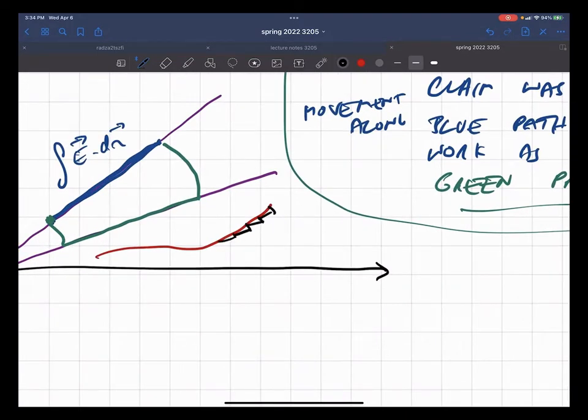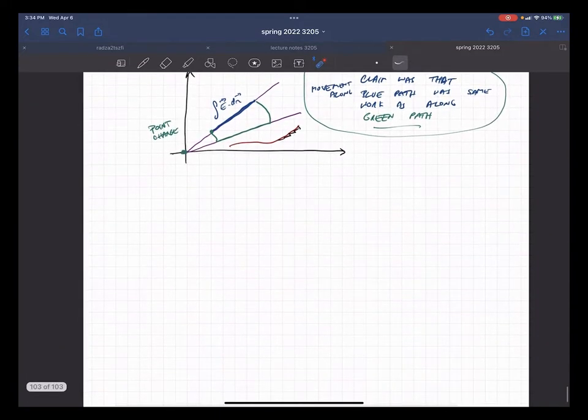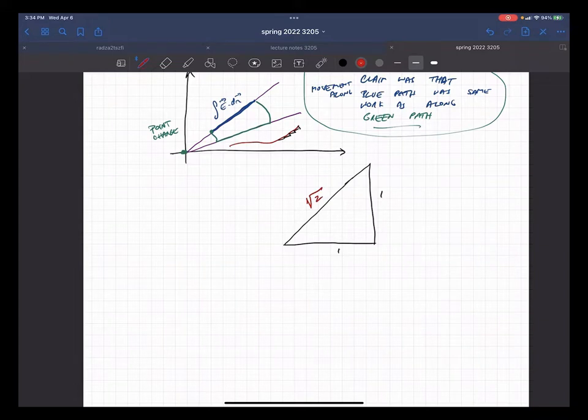If you made these radial and angular components tiny enough, it would be the same as movement along the path. That's the incorrect statement I made, and let me show you how this is clearly wrong. If you had a triangle of side 1, the hypotenuse would have a value of square root of 2.